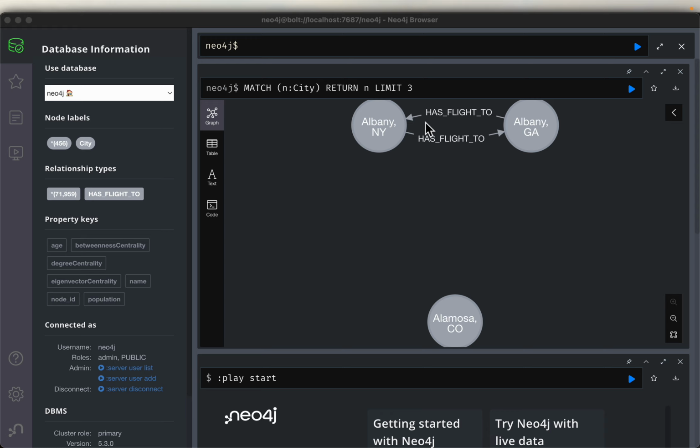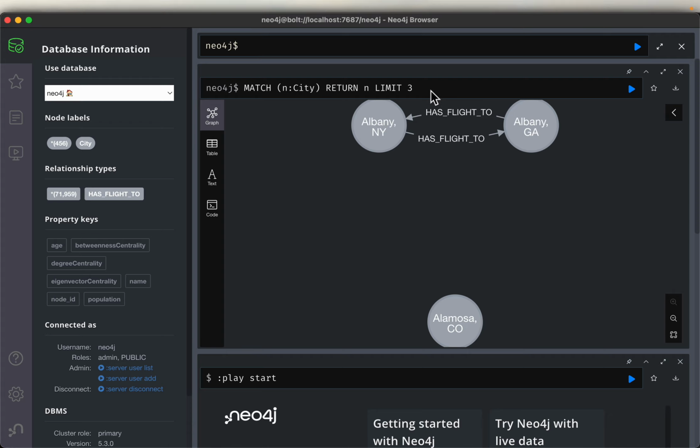So here we are visualizing just three cities: Albany, New York, Albany, Georgia, and Alamosa. Now we have a direct flight from Albany, New York to Albany, Georgia, and from Albany, Georgia back to Albany, New York. Whereas this Alamosa is not connected to any of these two cities.